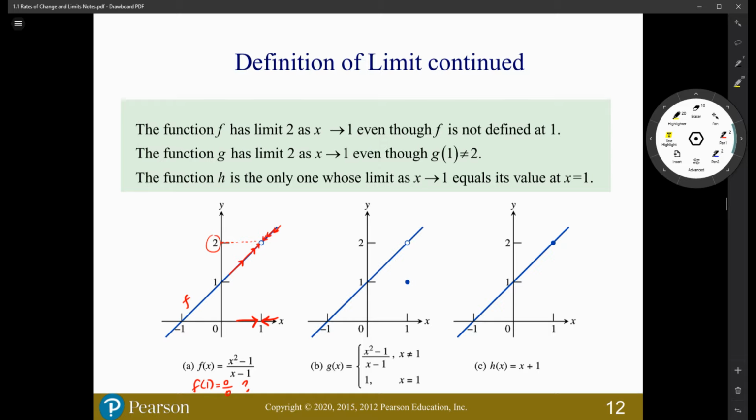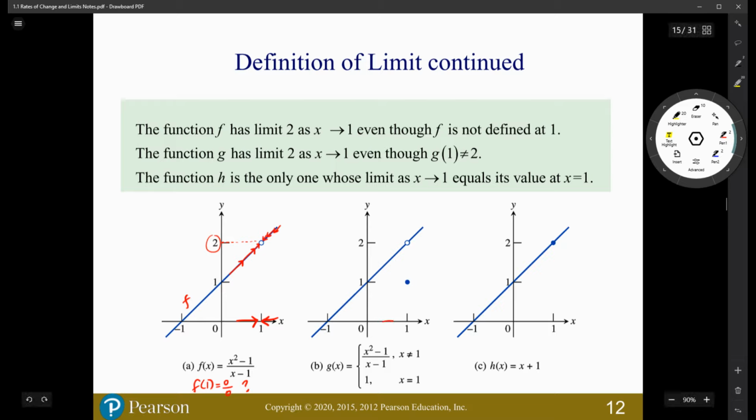Let's take a look at function g, which is a piecewise function. x squared minus 1 over x minus 1. Hey, that was the function from before for all x's that are not 1. And then it takes on the value of 1 when x is equal to 1. So we see how that changed the graph of the function a little bit. There was a hole in the graph, and it's been plugged kind of at the wrong spot here at 1.